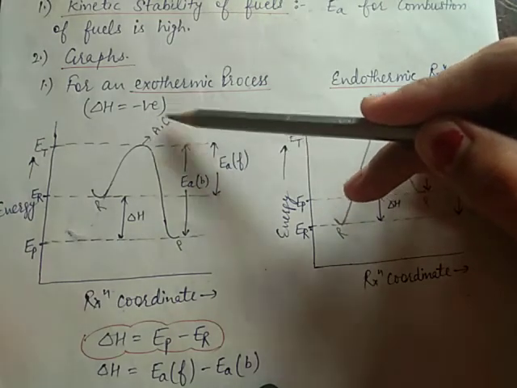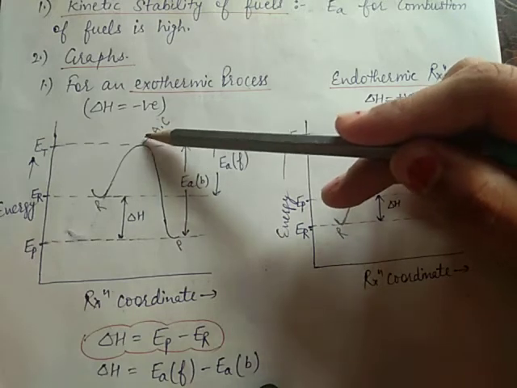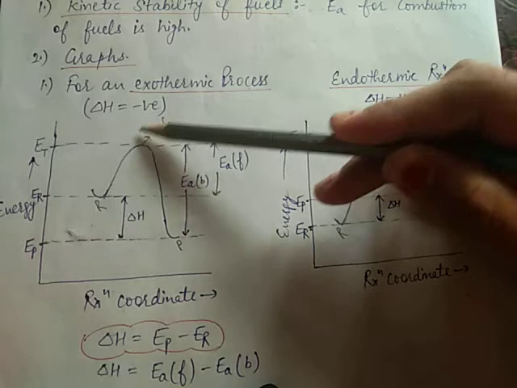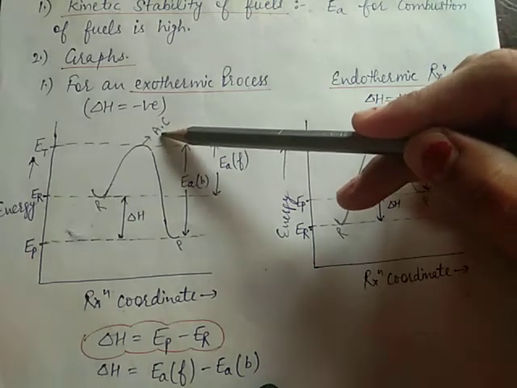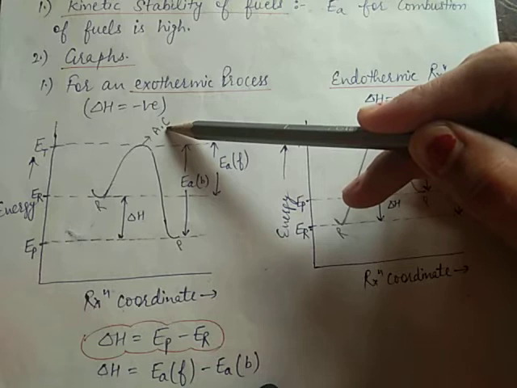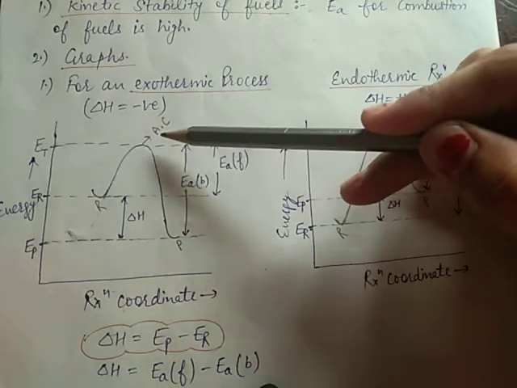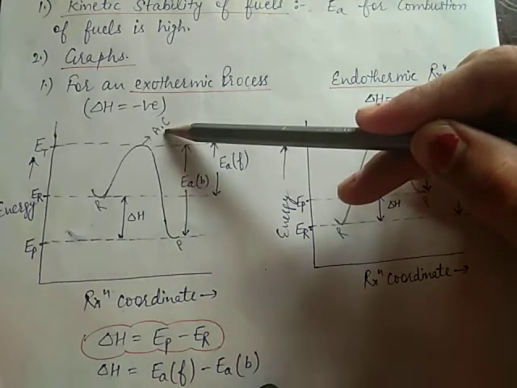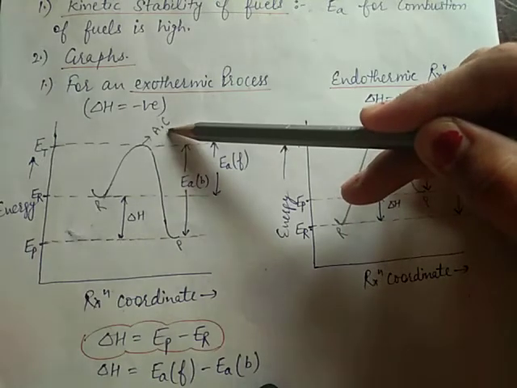Activated complex means the arrangement of atoms corresponding to the energy maxima, means threshold energy during the reaction. This is called as activated complex or transition state. In this activated complex, it has partial reactant character and partial product character.